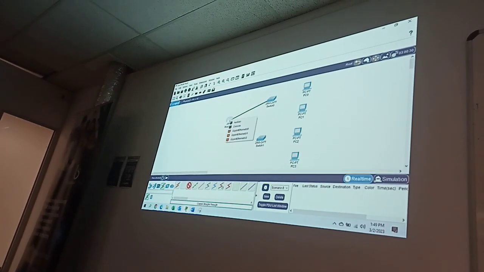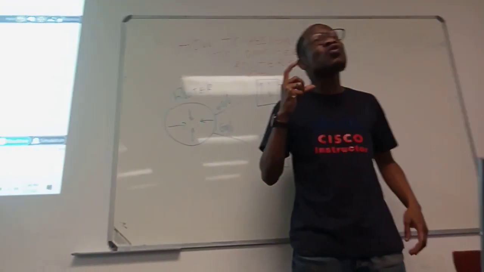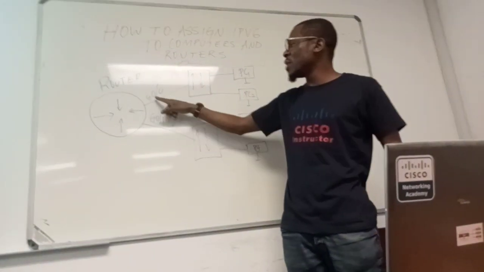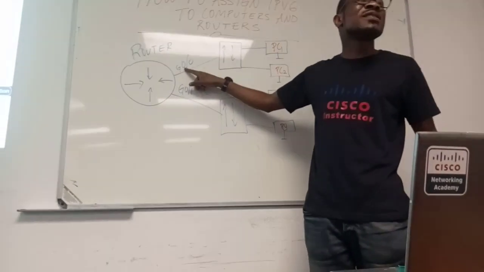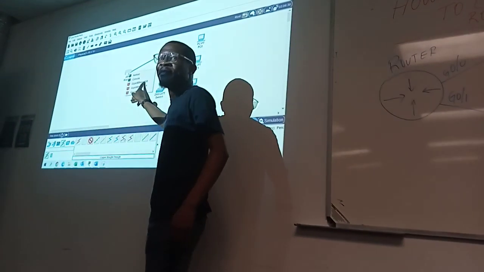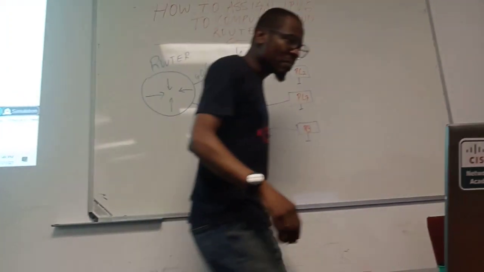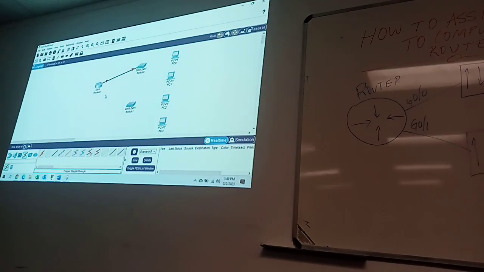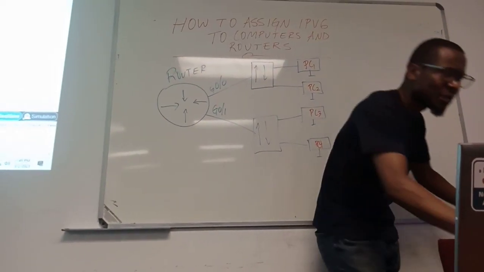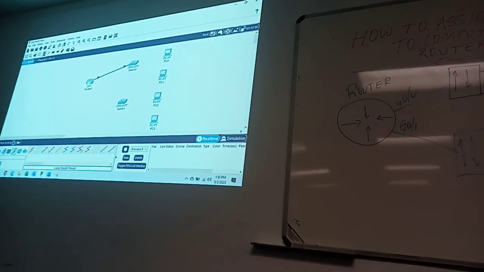Now, when you go to your router, you must always know where you want to plug. Like this design, this topology will tell you where you're going to plug. Gigabit 0/0. So you know that now I'm going to plug it here. And when you plug it here, sometimes you can try to write something on top, just to remember. You can go to notation here, right?